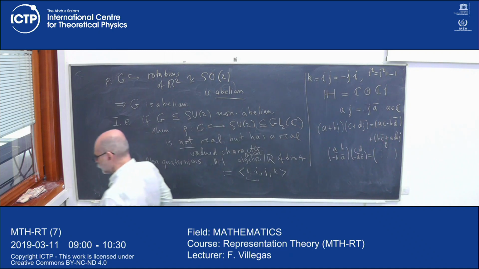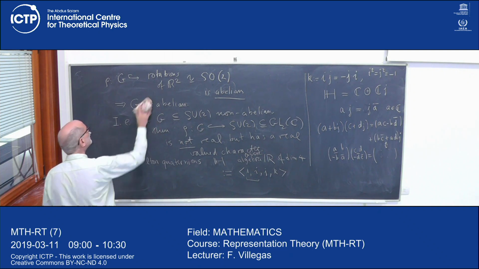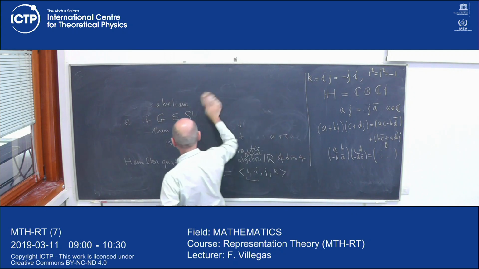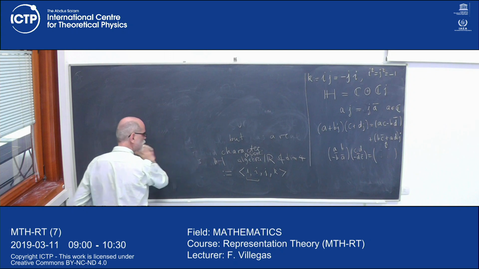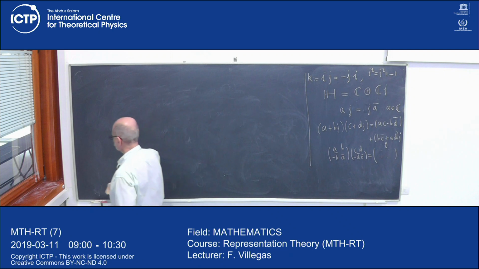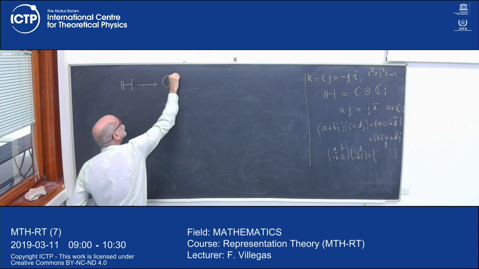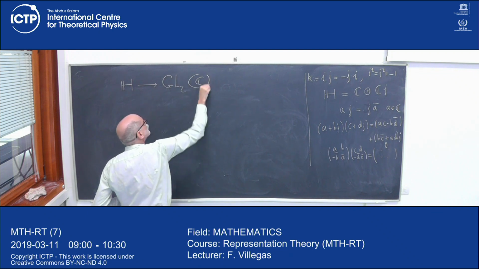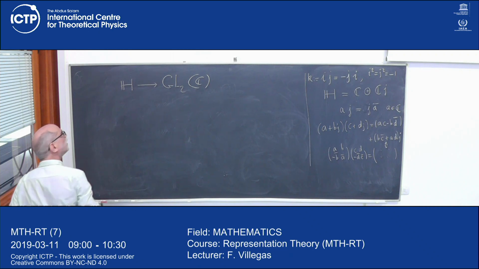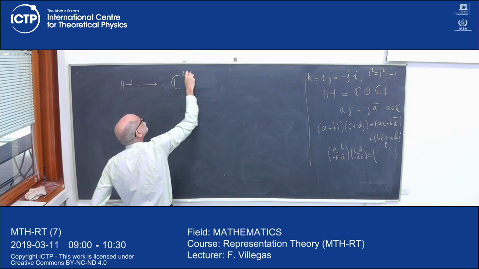So what this is telling us is that the quaternions, which is this four-dimensional real non-commutative algebra, maps to the matrices, not GL2, but the matrices, so C 2 times 2.